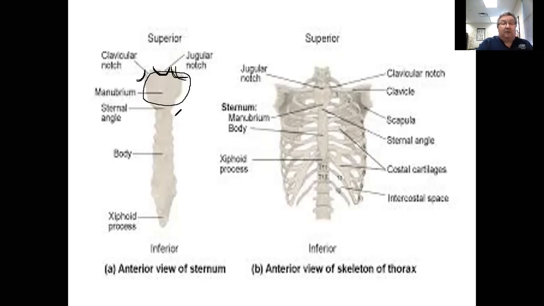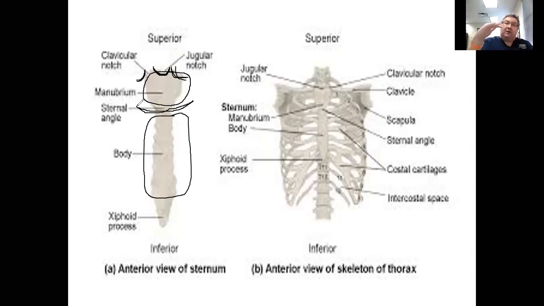The next part is the body of the sternum, which is the area where most of the ribs attach. But in between the manubrium and the body, there's an actual line on the bone itself. That line is known as the sternal angle.